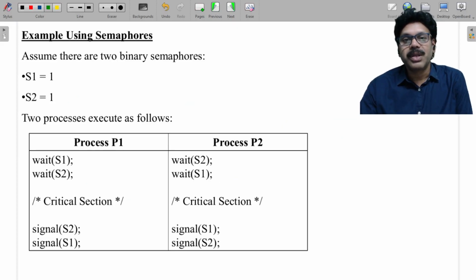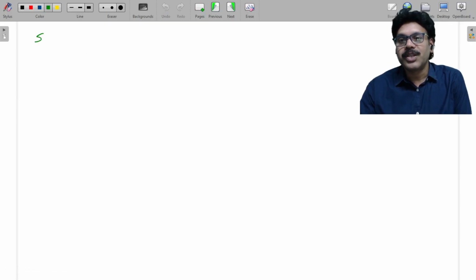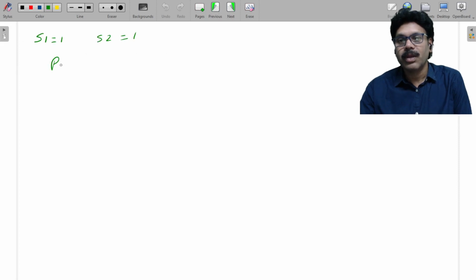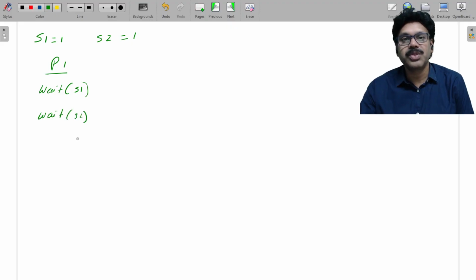So I'm taking initially S1 is equal to 1, S2 is equal to 1, both are semaphores. Now process P1 begins execution: wait of S1. Then after that P1 is anticipating wait of S2 because it would like to use two semaphores. After that it enters into critical section.